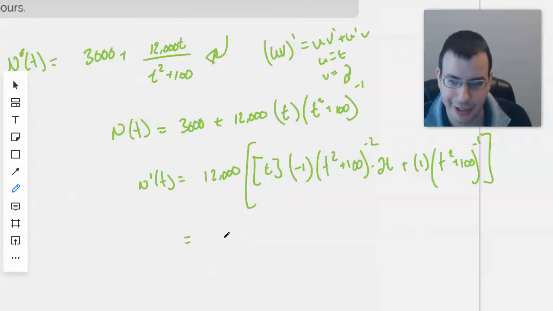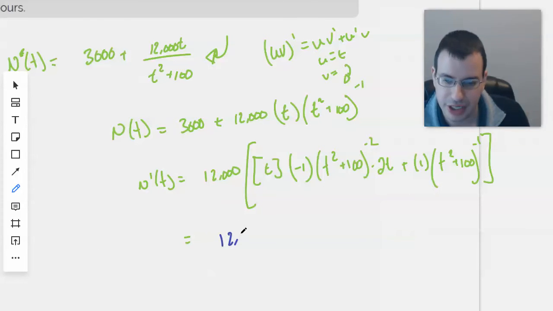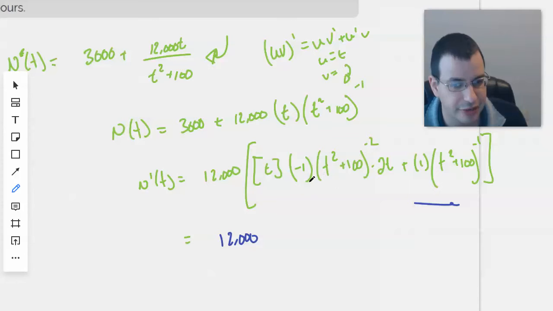So simplifying, we have, change colors because I have grown wary of green and it doesn't accent well enough. Okay, so we have 12,000, and I'm going to do this one first because there's a negative on this guy.